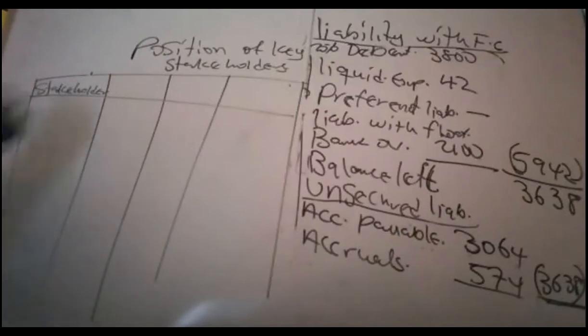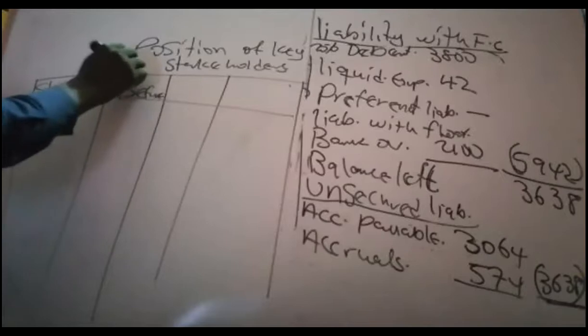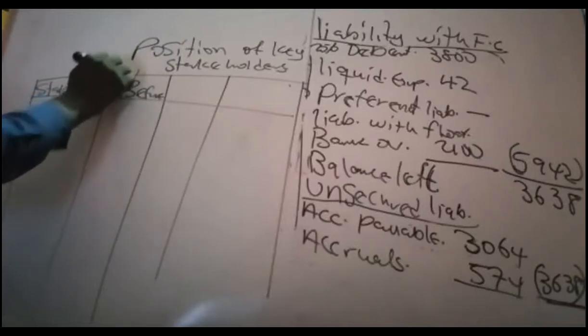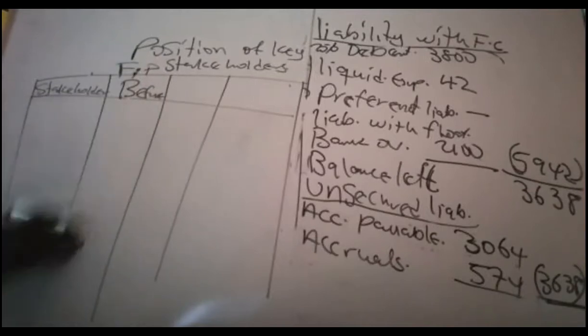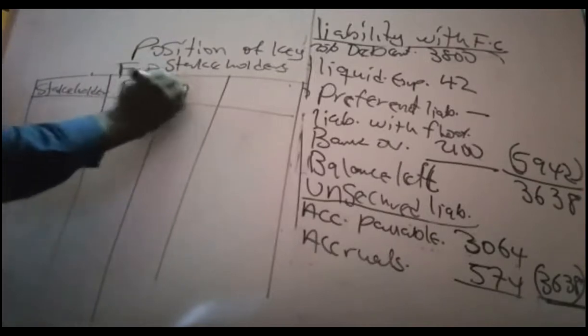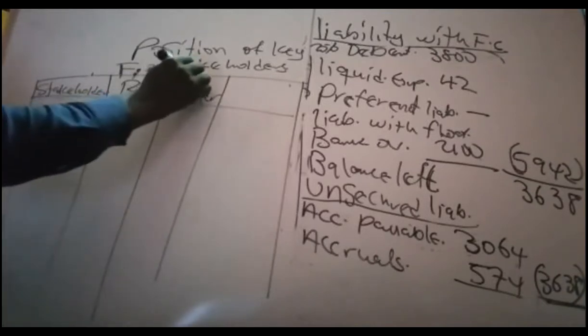Stakeholder here, your position before. These figures are coming from the balance sheet given to you, or the financial position given to you. Copy the figures. Position after is the one in liquidation, the liquidated figures.